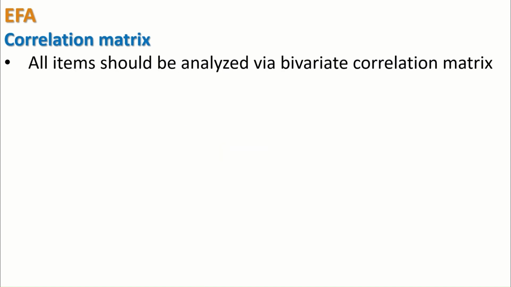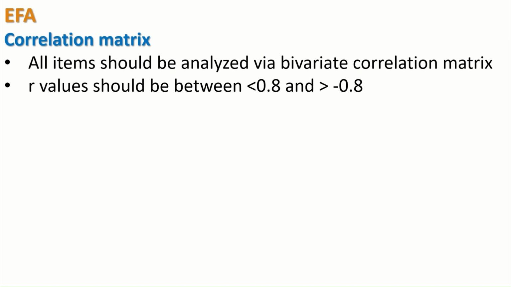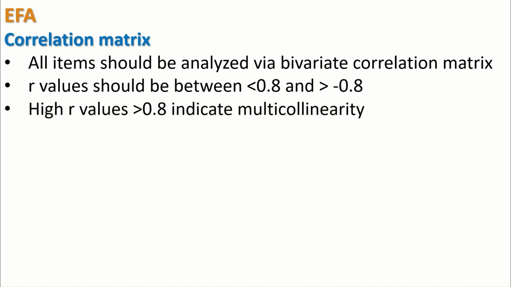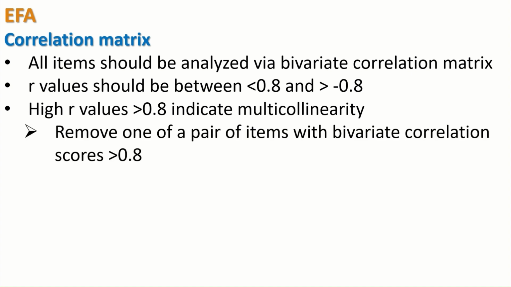When performing the EFA on data, a correlation matrix will be produced, and the items within this matrix should be analyzed via the bivariate correlation matrix. The value for the correlation coefficient, which is R, should be less than 0.8 and greater than minus 0.8. Correlation coefficient values greater than 0.8 indicate multicollinearity.